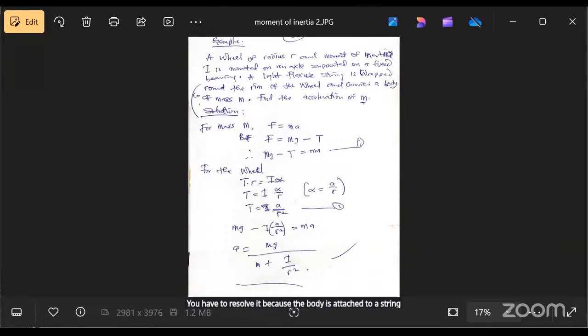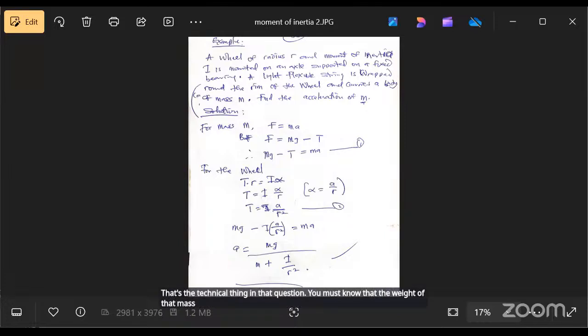In the attachment to a string, the mass also moves. Because the mass moves, we know that the weight is greater than the tension. That's the technical thing in that question. You must know that the weight of that mass is greater than the tension. That is why it's able to move, it's able to have acceleration.